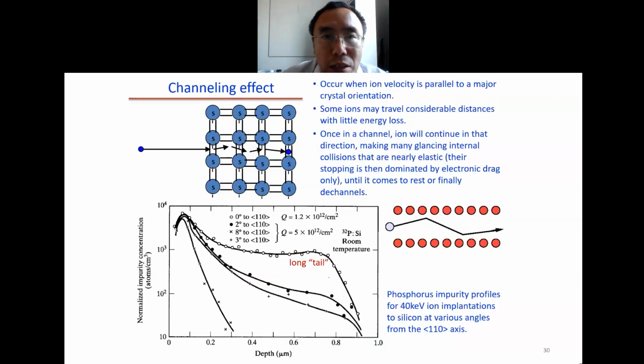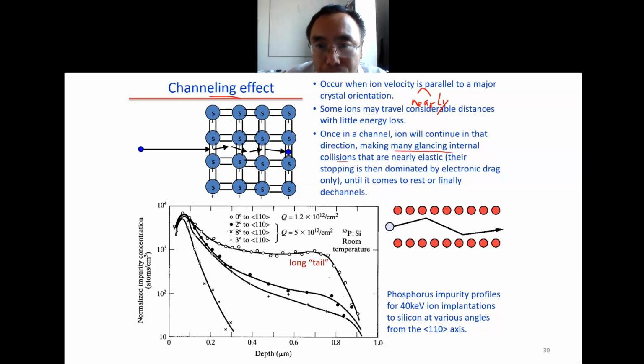The channeling effect occurs when the ion velocity is parallel, or maybe we should say nearly parallel, to a major crystal orientation. In this case, some ions may travel a considerable distance with little energy loss. Once in the channel, the ion will continue in that direction, making many glancing collisions.